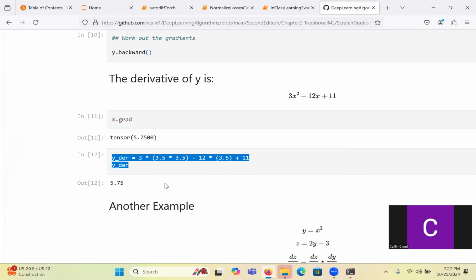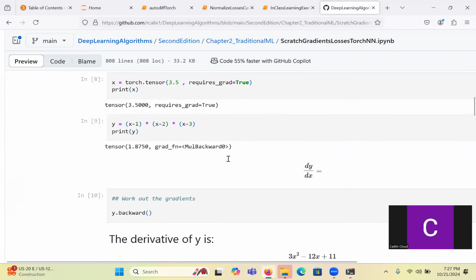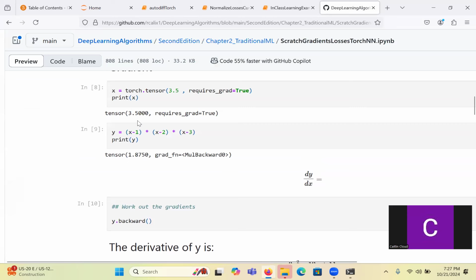Because 3x squared, so it's 3 times 3.5 squared, minus 12 times 3.5, plus 11. Do you guys see that? So initially, we took x equals 3.5, we ran it through this one, and it gave us 1.875. That's like the normal neural network function, right?